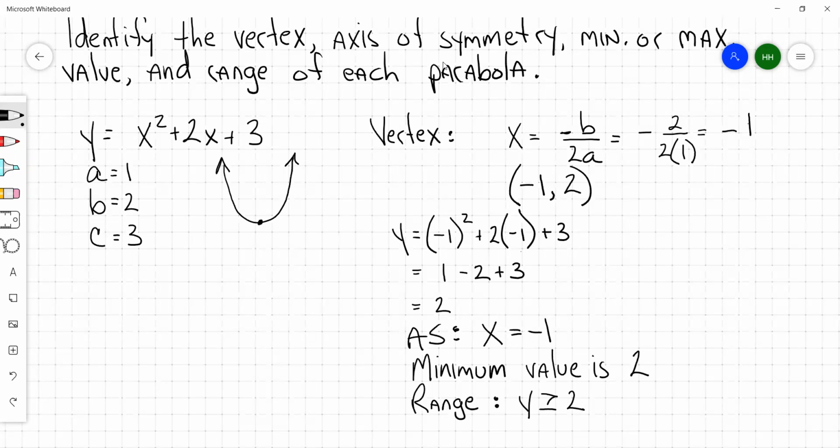All of the y values in this graph, if you were to plot it on the coordinate plane, would be greater than or equal to positive 2. Because the minimum value of this graph, the lowest point of this graph, is right here at y equals 2. And that came from y at the vertex.